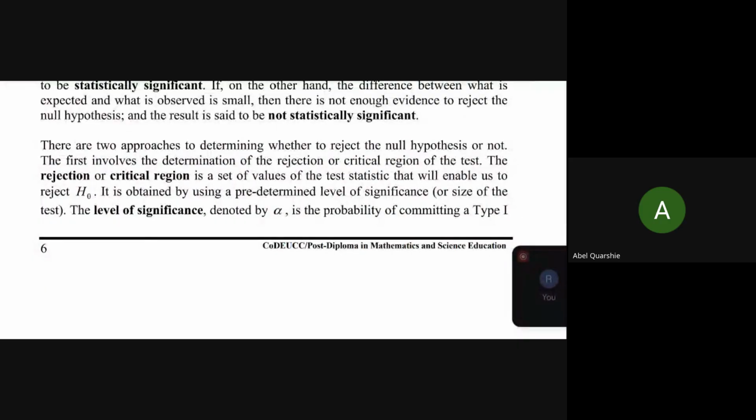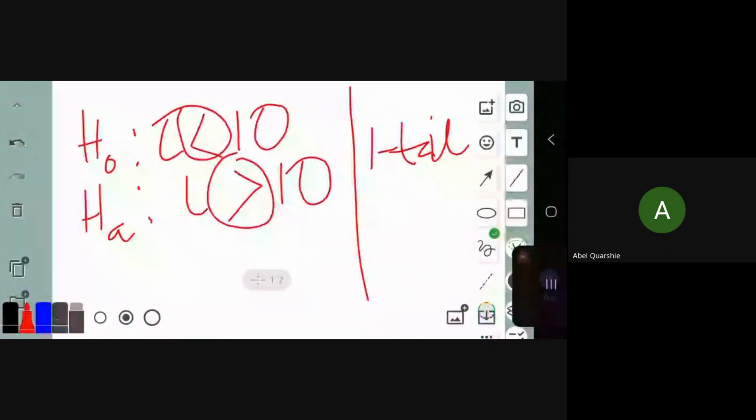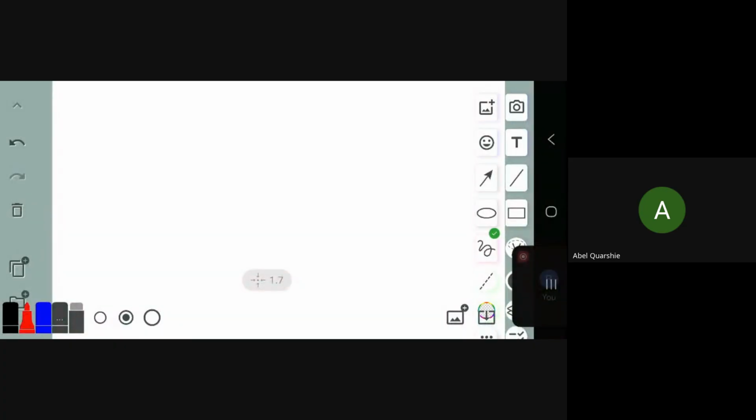So I'm going to my board to draw for you to see. So this is what we call a normal distribution curve. Later, I'll ask you to search and tell me what a normal distribution curve is. So it is bell-shaped like this.